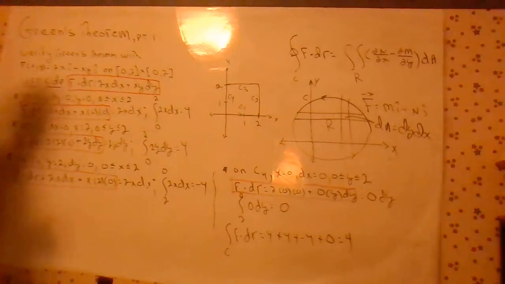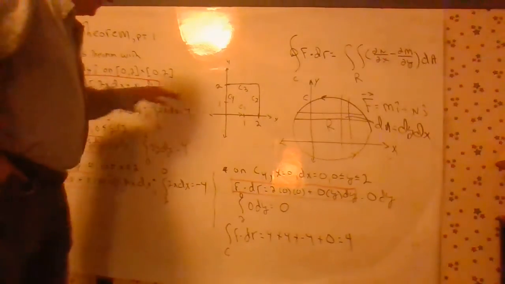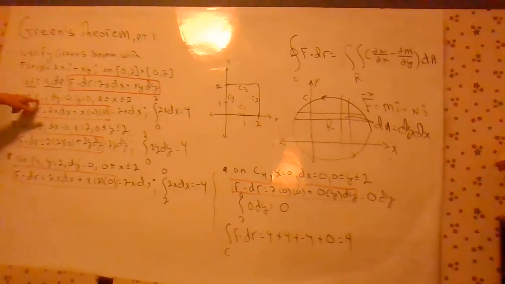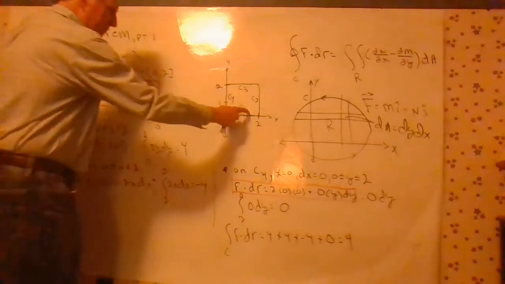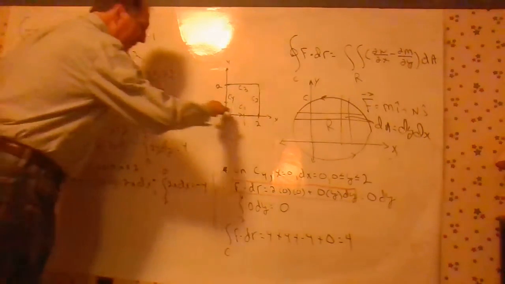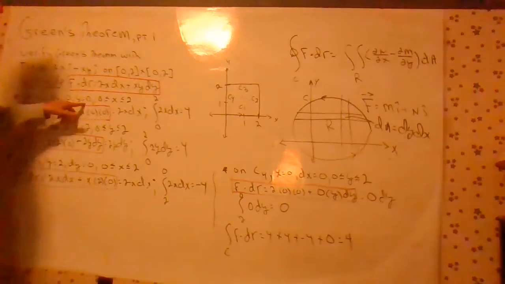And what we have to do is integrate F dot dr around these four paths, and that's what we're going to do. On C1, I wrote all this out because it's difficult to fit all this on a small board. So on C1, we're talking about right here. dy is 0 because our elevation is staying the same. y is 0.